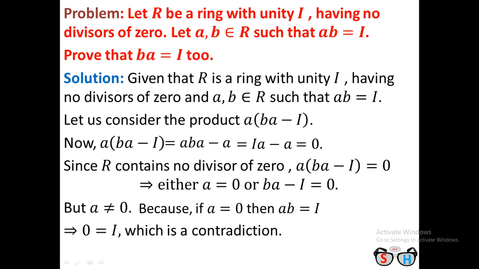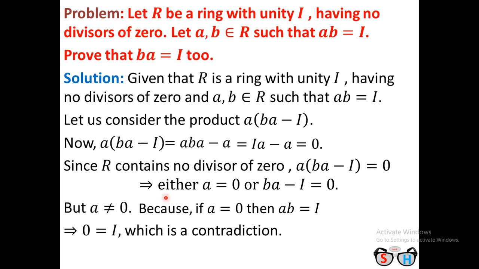In a non-trivial ring, the zero element and unity are different elements, that is, the additive identity and multiplicative identity are different, but in a trivial ring 0 equal to I. In a non-trivial ring 0 is not equal to I. So this is a contradiction. So here A is a non-zero element in the ring R.